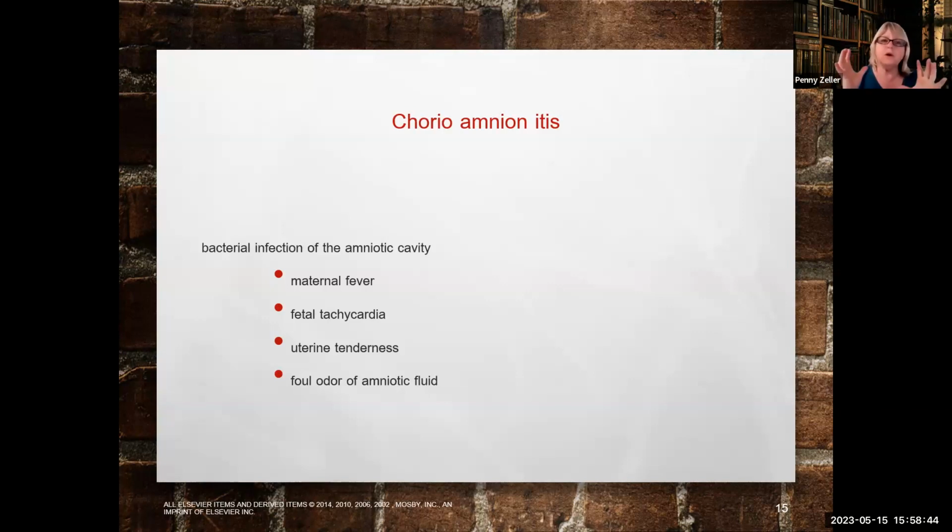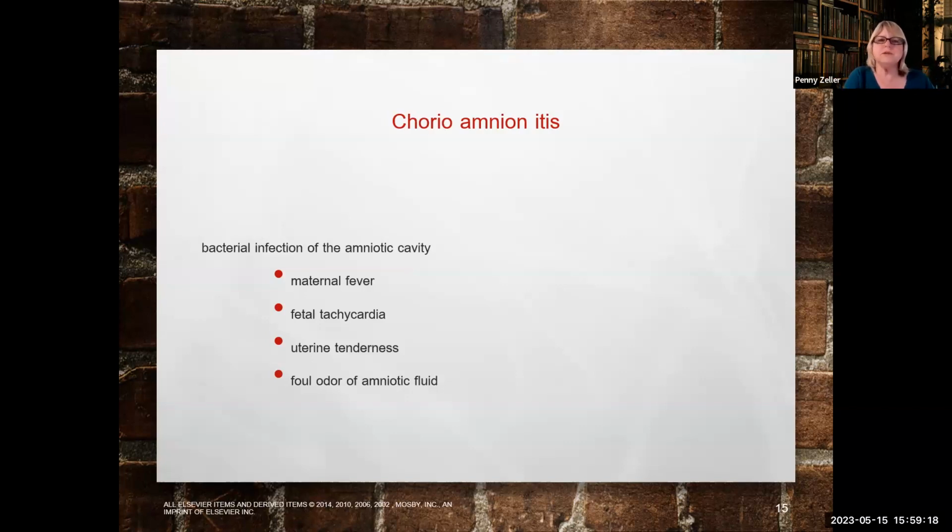When the chorion and the amnion become infected, it's called chorioamnionitis. Okay, so bacterial infection, maternal fever, fetal and maternal tachycardia, uterine tenderness, and the amniotic fluid is going to smell foul, and it might even be discolored and purulent. Okay, so that's your chorioamnionitis.